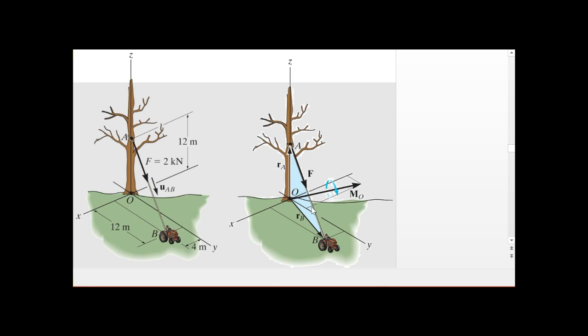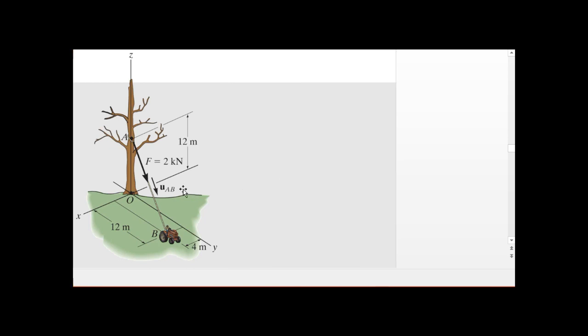And so what we're going to do first is I'll delete this right side so I have a little bit of space to write, and then we're going to calculate the moment using RA cross F. Now when we are solving this problem, we also need to calculate the unit vector UAB such that we know the components of F, right?